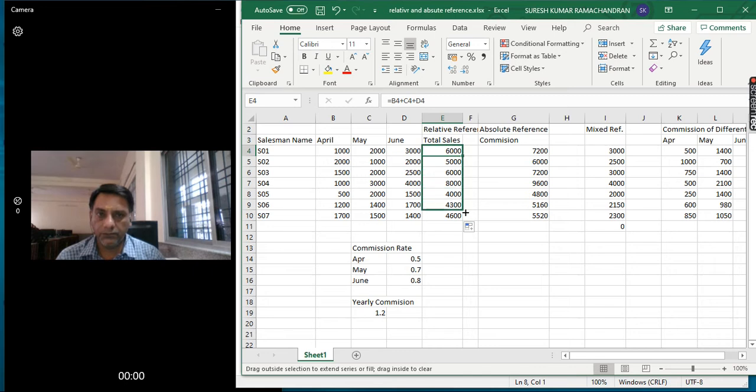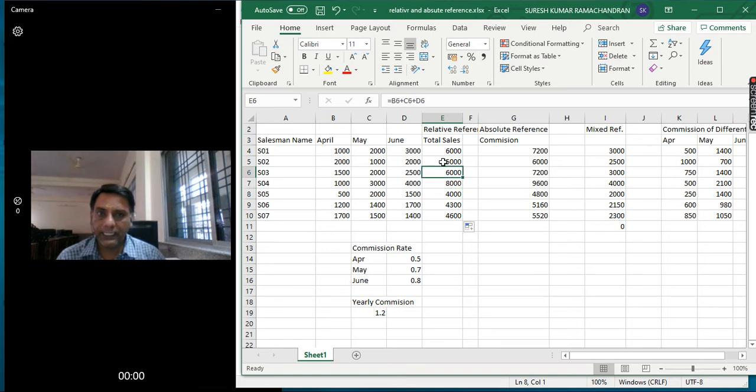And if you copy the formula into different cells, you can see in E4, B4, C4, D4. If I move it into E5, you can see B5, C5. That means all the cell references change according to the change of E4.